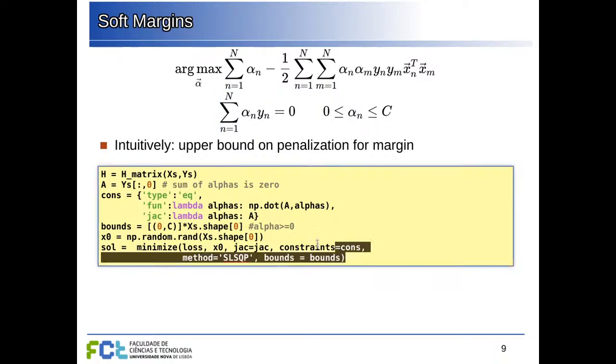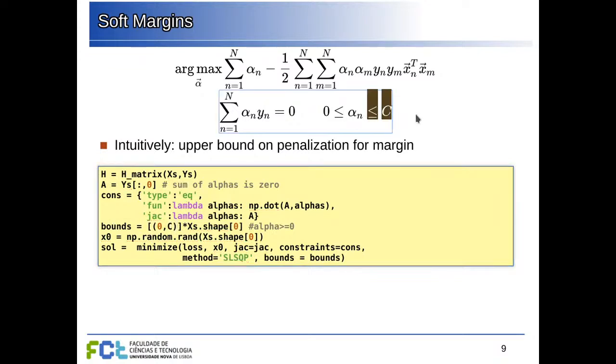So now we can do exactly the same kind of implementation. The only difference is, instead of having no upper bound for the alphas, we have an upper bound of C for the alphas. So this is one important feature of support vector machines.